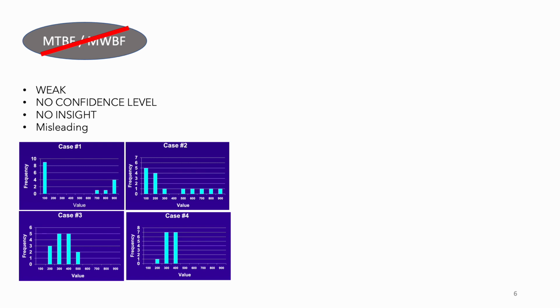You can see case number 1 looks very different from case number 2, 3 and 4. However, it's interesting to note that all 4 of those have the same average, which, if all you looked at was averages, you wouldn't have a clue as to how different they were actually performing.